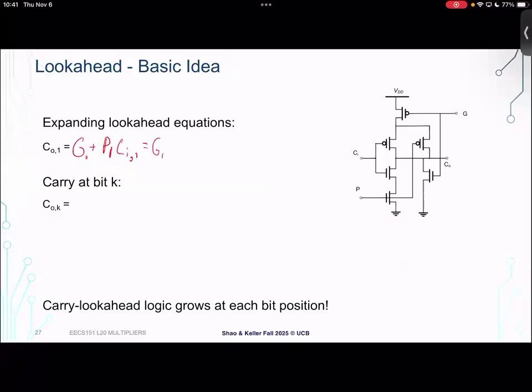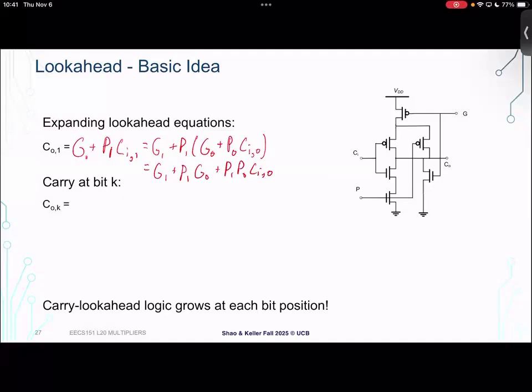So that's generate of stage 1 plus P1 times generate of stage 0 plus, and we can go ahead and expand this out if we want. So I'm just writing in equations what I said in words on the previous slide, right?